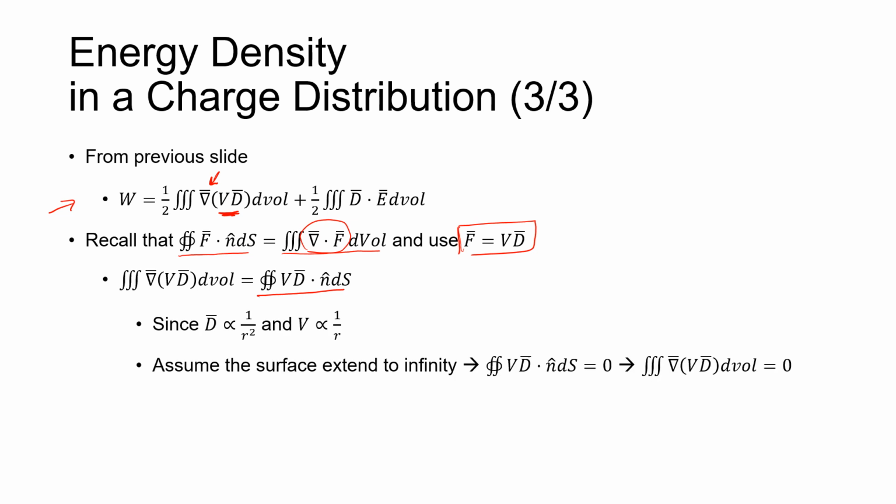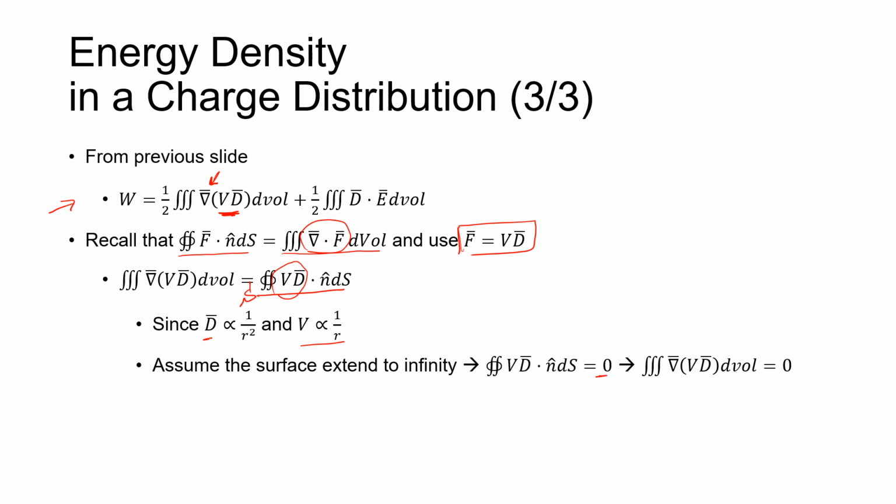Recall that the electric field or electric flux density is always proportional to 1 over r squared, and V is proportional to 1 over r. So this means the total term here is proportional to 1 over r cubed. And if we assume our surface S, which we are integrating over, is very big, this means that the integral almost tends to 0.